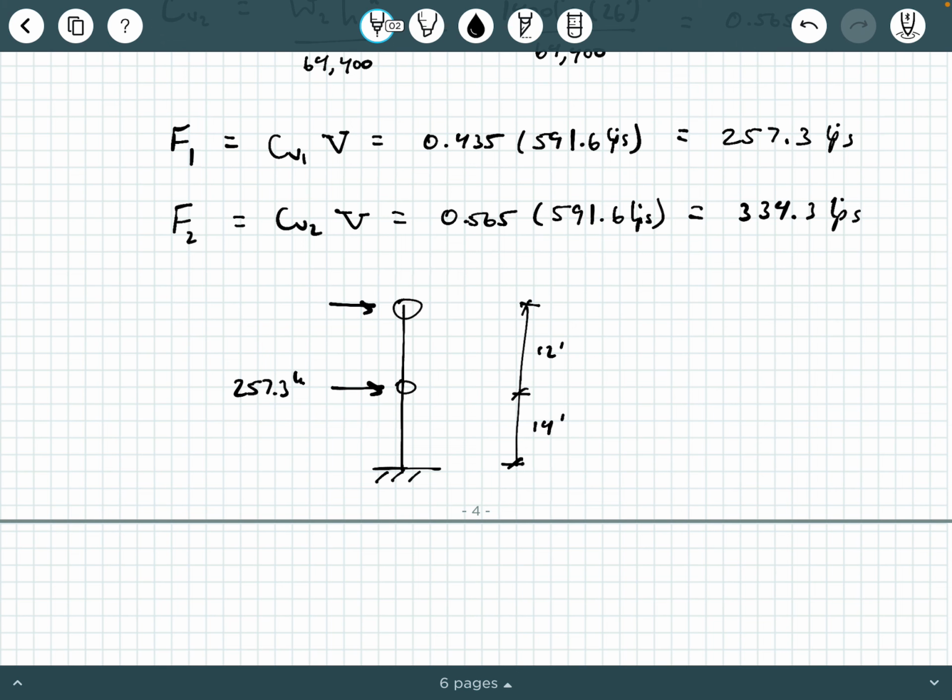And then we've got this lateral load here, 334.3 kips. And then at the base, we have this base shear of 591.6 kips. And if you notice, again, these two values add up to be the base shear. So this whole thing is in static equilibrium.